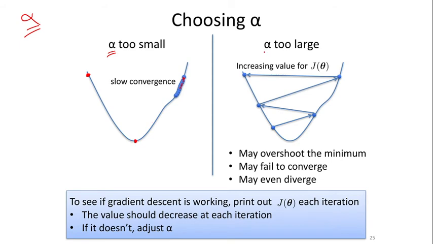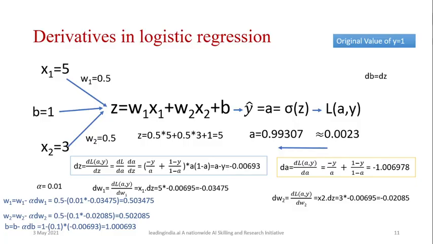On the other side, if your alpha value is too large, then what will happen? Suppose you start from here, you are overshooting, and instead of converging, you are diverging. So that's the role of alpha. You have to choose alpha wisely. Theories say you can start with a bigger value of alpha, and as you move through the iterations, you can reduce down the alpha value.